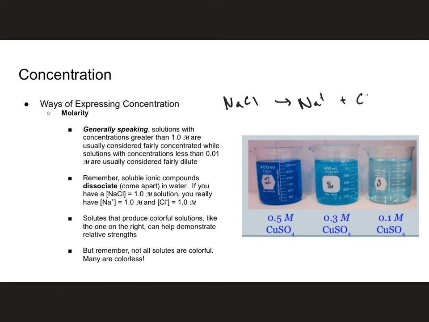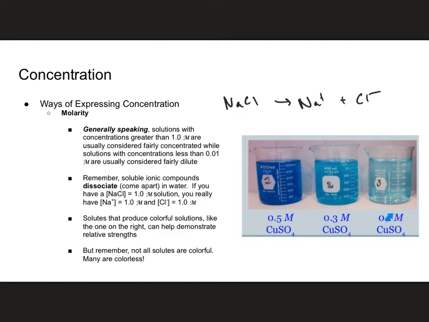Solutes that produce colorful solutions, like the one on the right, copper(II) sulfate, can help demonstrate relative strengths. 0.1 molar CuSO4 looks like that. 0.3 molar CuSO4 looks like that. 0.5 molar CuSO4 looks like that. So the higher the molarity, the more concentrated something is.